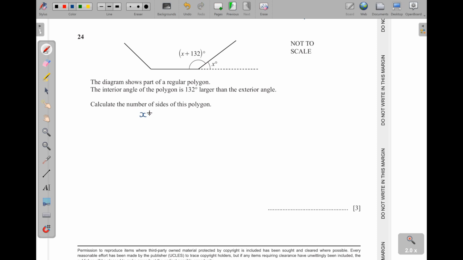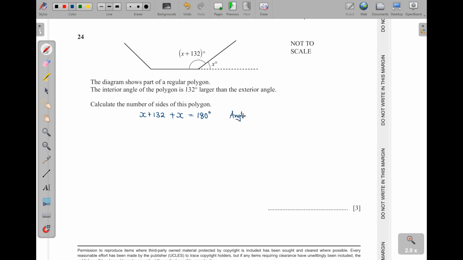So I'll have x plus 132, then plus x, then this one will be equal to 180. Okay, angles on a straight line add up to 180 degrees. This would be the geometric reason.